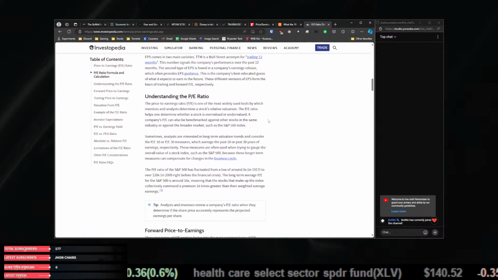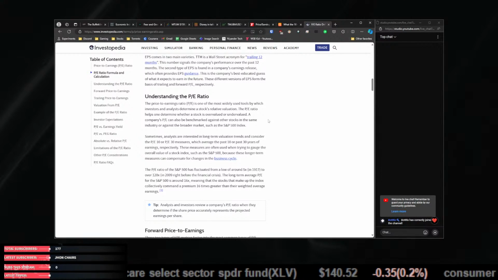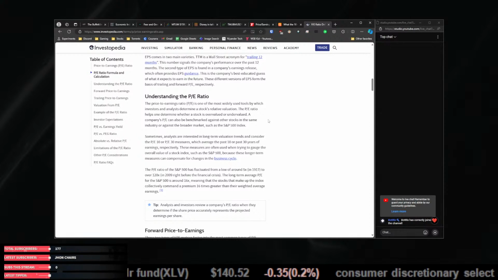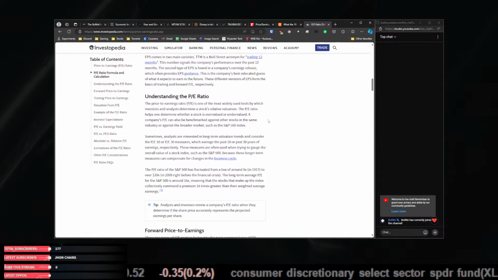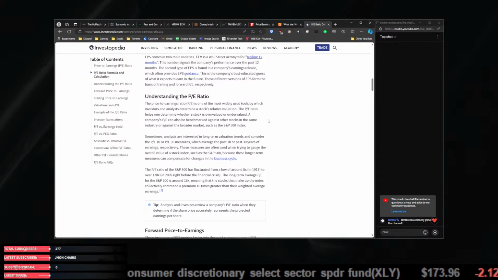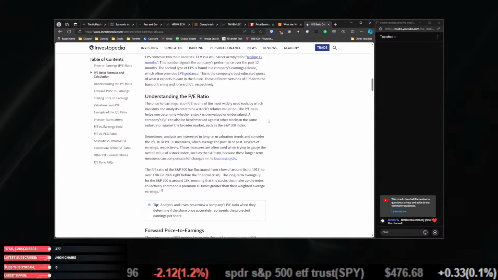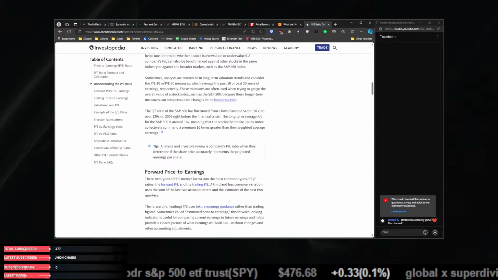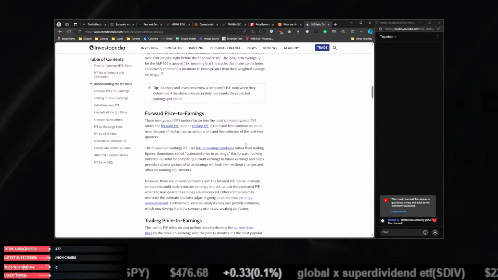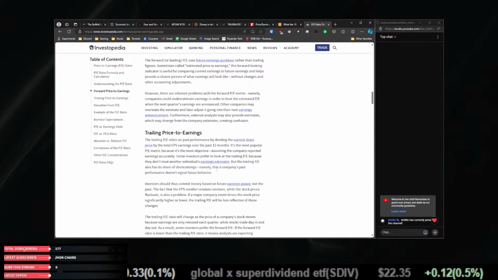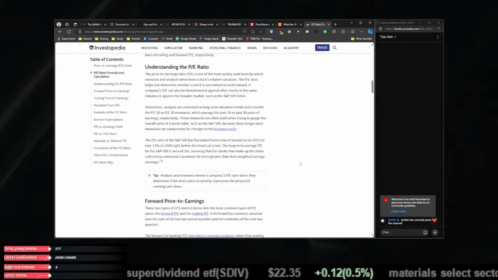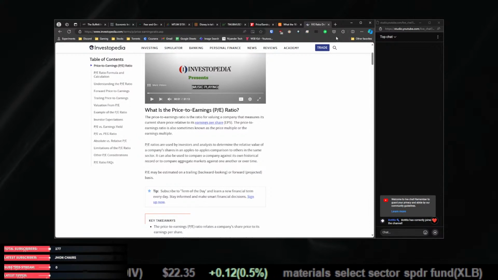It's widely used by people to determine stock valuation and essentially check which companies are performing better. You usually want a lower PE ratio, but not too low, and we can get more into that. Essentially, it's a good way to evaluate stocks.